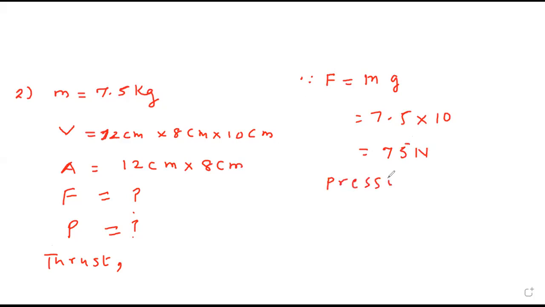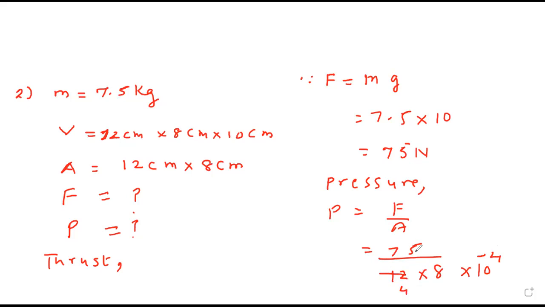And pressure P is force upon area, which is 75 upon 12 into 8, centimeter to meter, 10 raised to minus 2, two times, so 10 raised to minus 4. 3 into 4 is 12, 3 into 25 is 75.